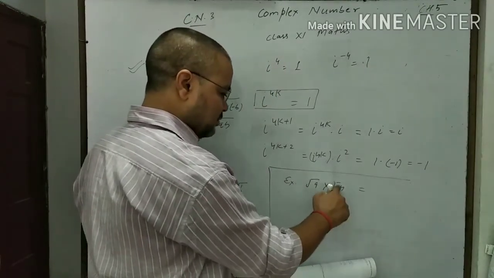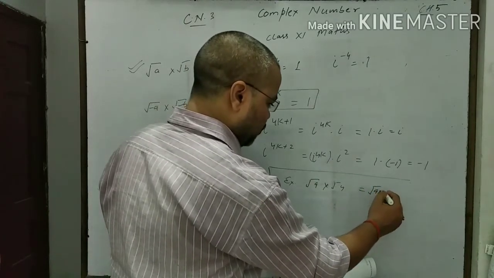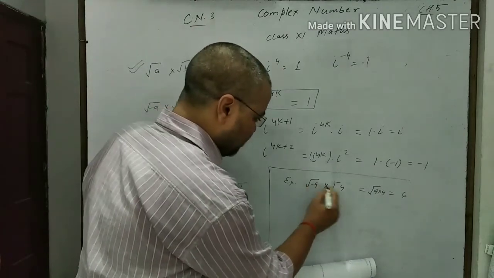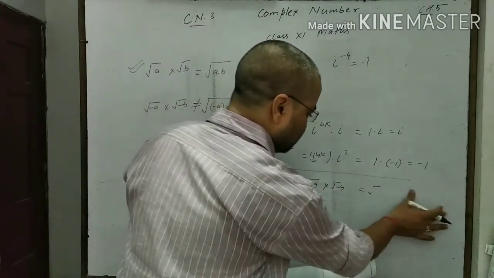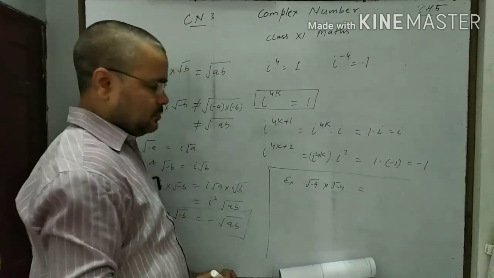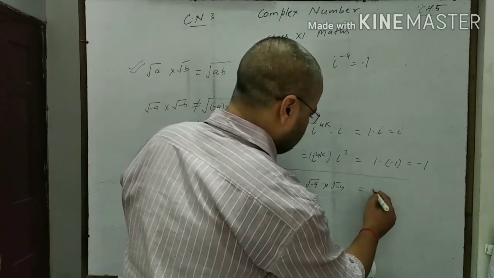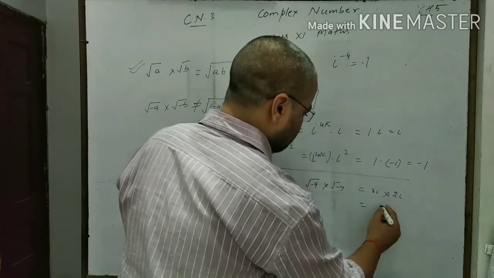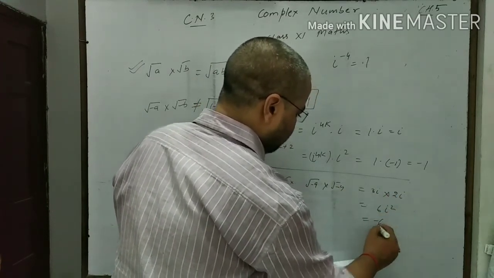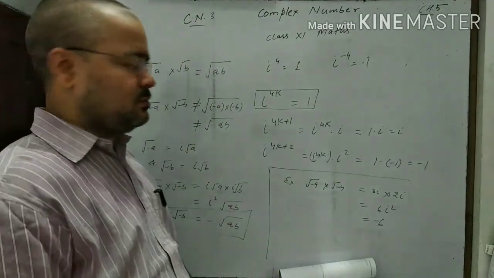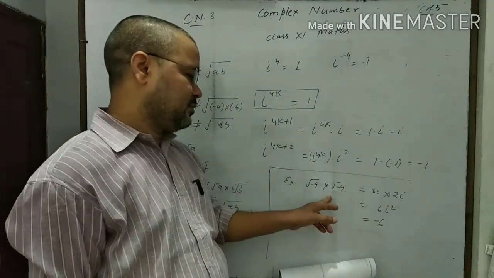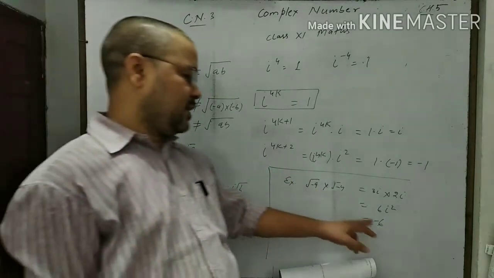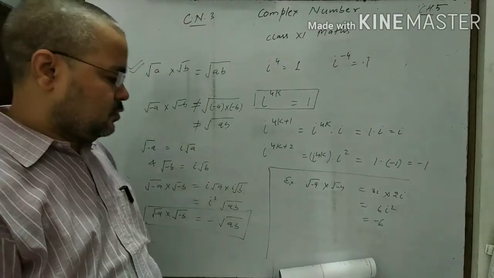If both are positive, then under root 9 into 4 we can write as 6. But if it is minus 9 and minus 4, in this case this is not correct, because this is 3i and here 2i, which is equal to 6i square, which is minus 6. This is the answer. Answer will be minus 6. So we should be careful.